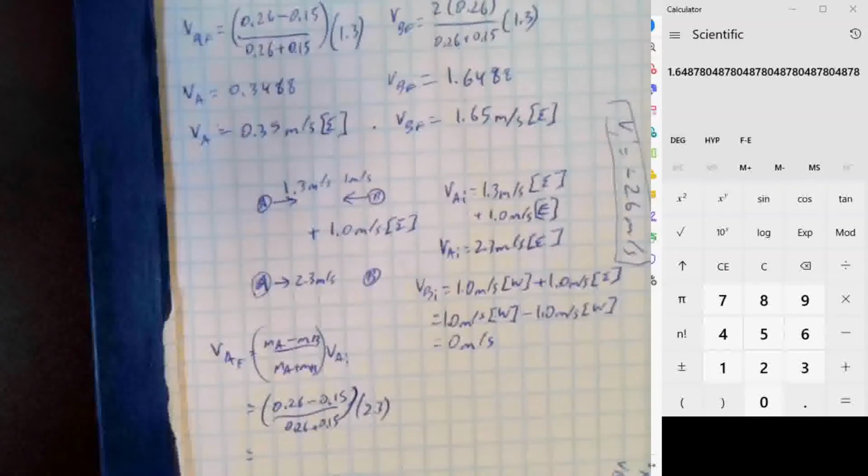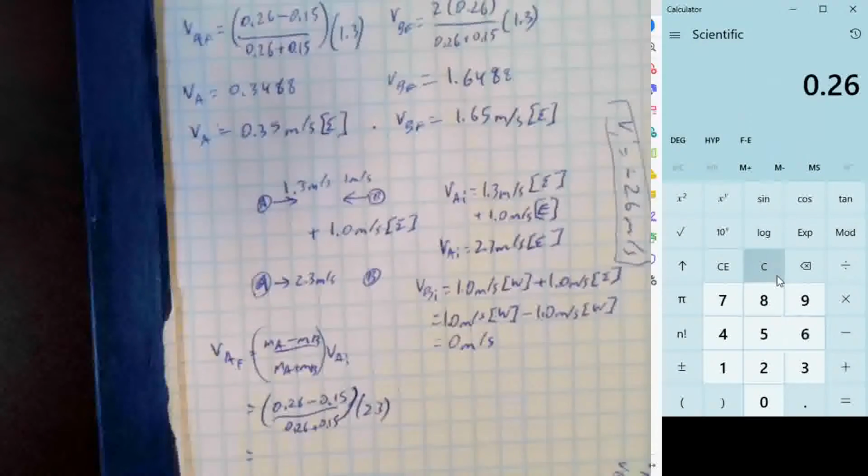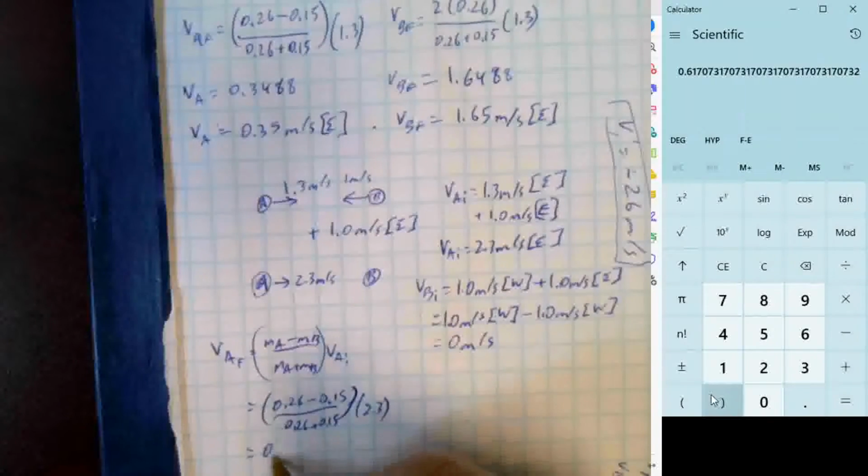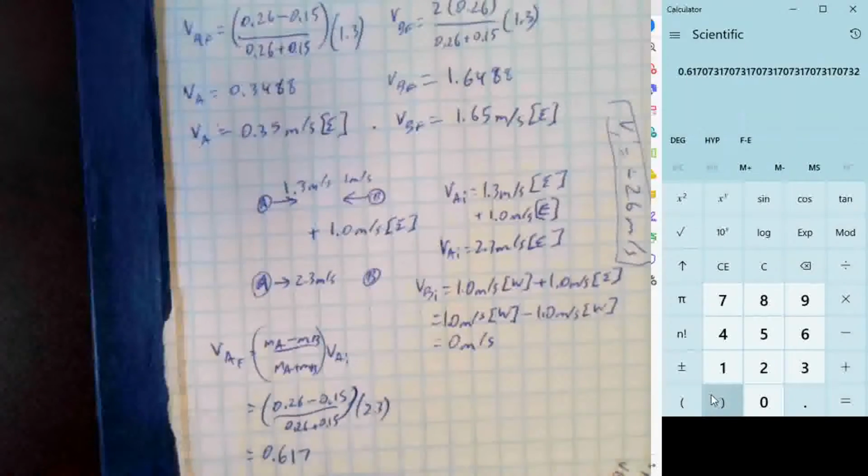So I'll do this quickly: 0.26 minus 0.15 divided by 0.26 plus 0.15 gives me this ratio, times 2.3. I end up with 0.617.